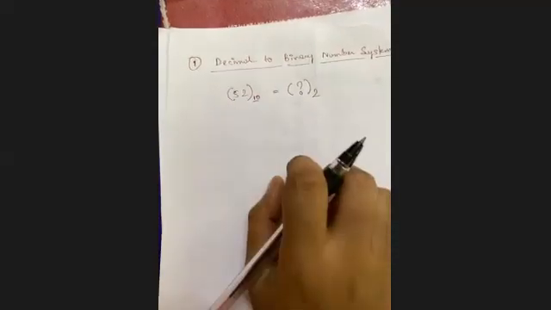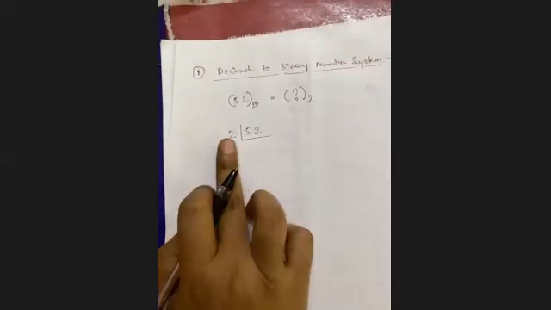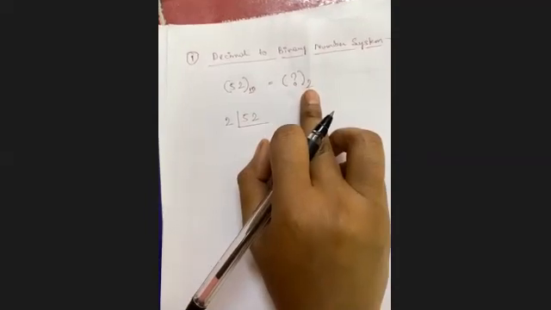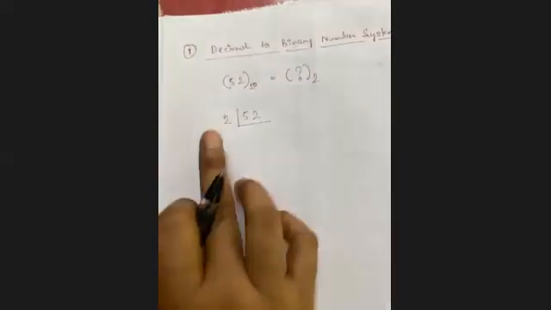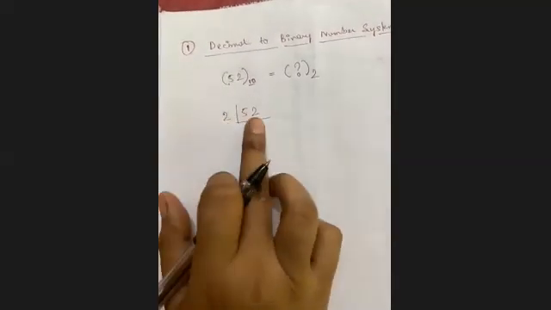Now binary, so the base will be 2. To convert this 52 to binary number system, what do I have to do? I have to divide this by 2. Why 2? The base of the binary number system is 2. Hence, I am dividing the 52 value by 2. If I divide this, what will come?